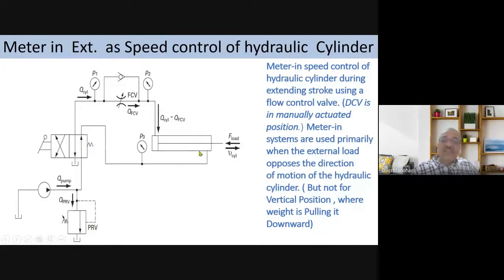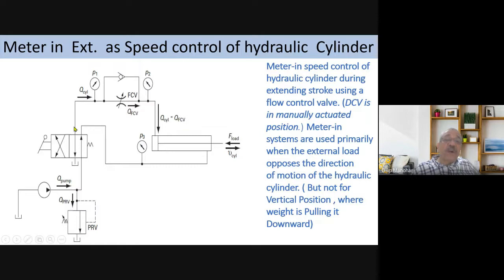Now the cap end is connected to a direct check valve, so the whole flow will go through it instead of the flow controller. But when you shift this manually, for the extension of the cylinder, what will happen?